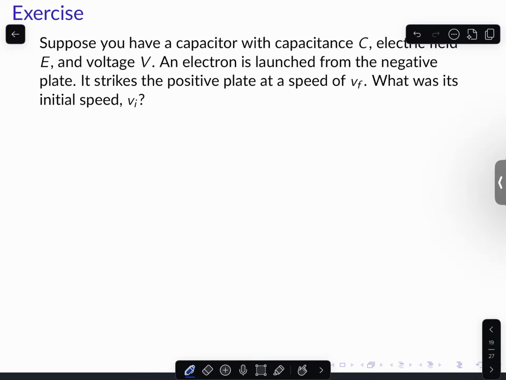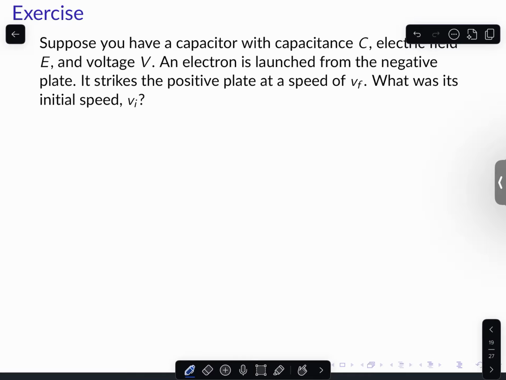You may recall from last semester that energy is conserved, and unless I have an external force doing stuff, initial energy equals final energy. The electrical formula for energy, unless I'm talking about a capacitor's total stored energy, is just charge times voltage. Kinetic energy, I'm talking about speed in this problem, is half mv squared.